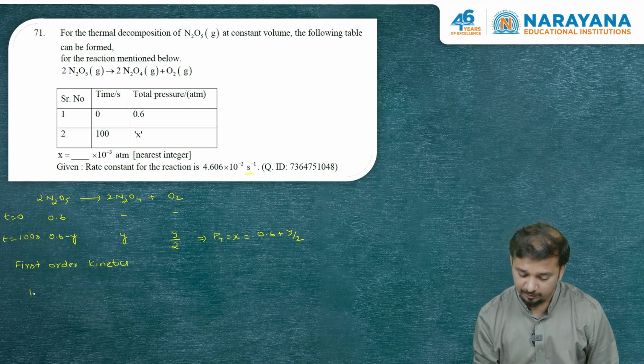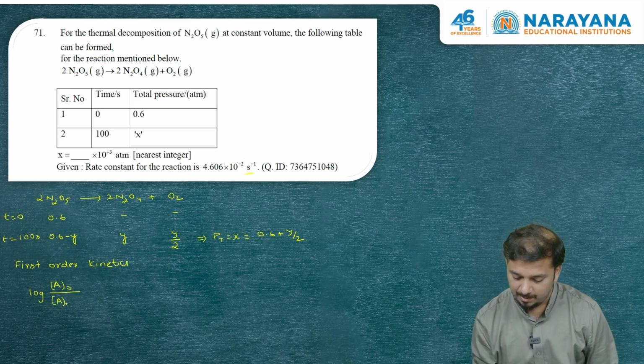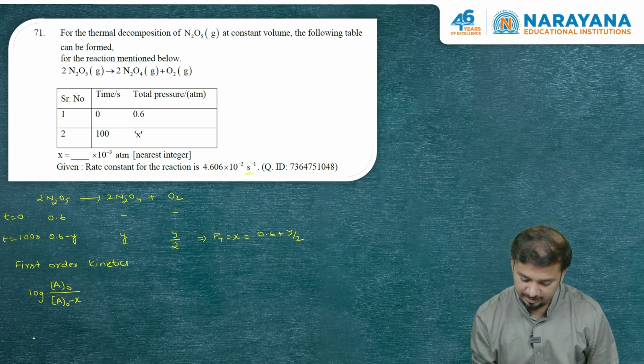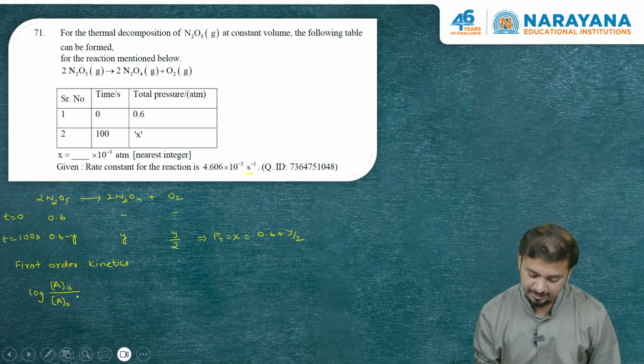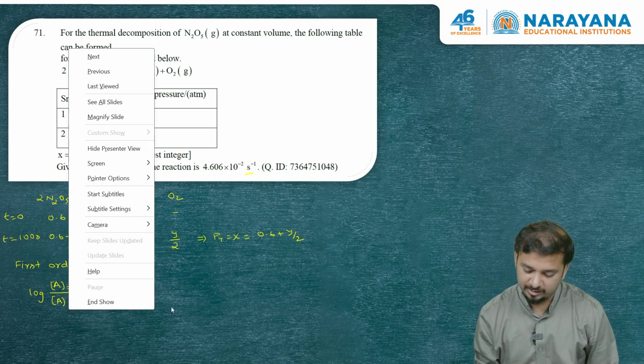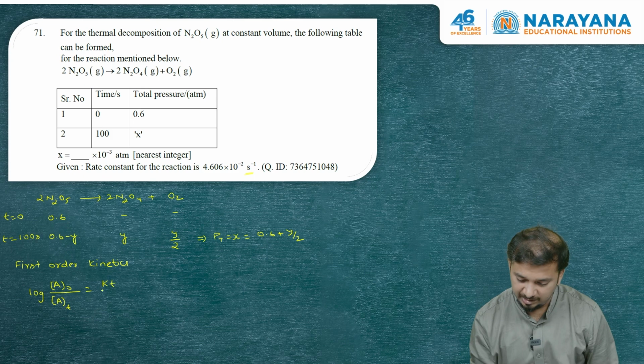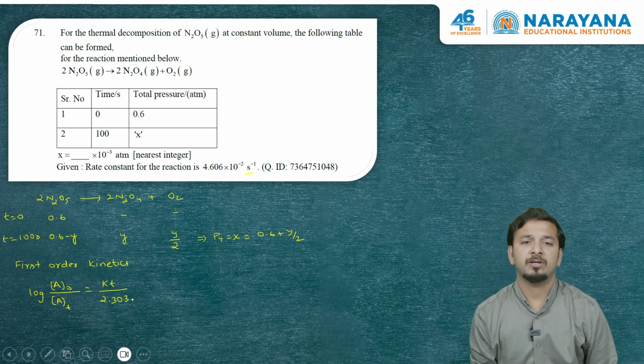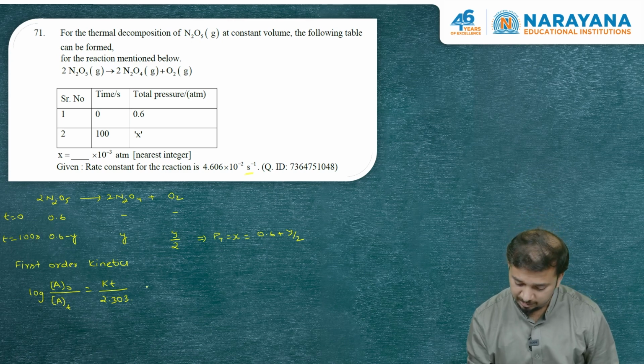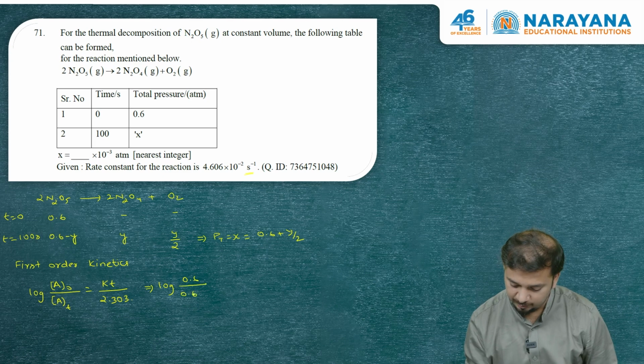So we can write for first order kinetics log of A naught upon A naught minus X, or we can write A naught upon At, where A naught is initial concentration, At is concentration after time t, that is equal to Kt upon 2.303. In place of concentration, we can also use pressure. So in terms of pressure, this equation will become log of 0.6 upon 0.6 minus y, that is equal to K into t upon 2.303.